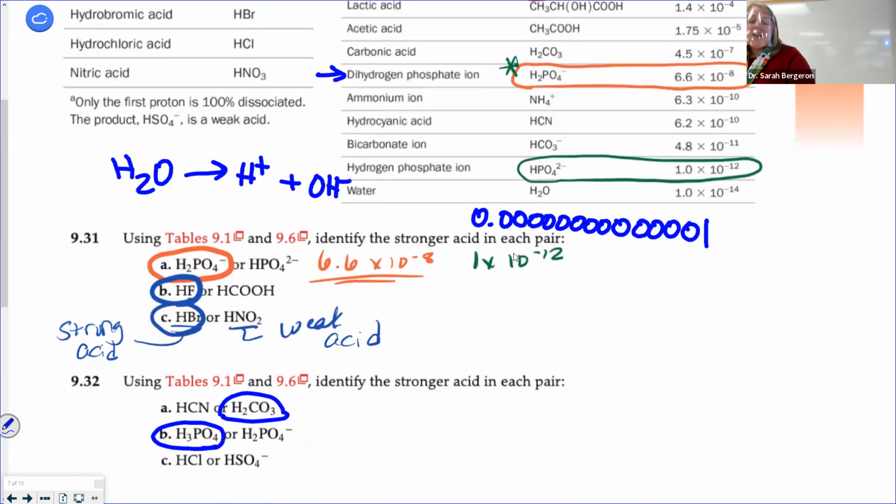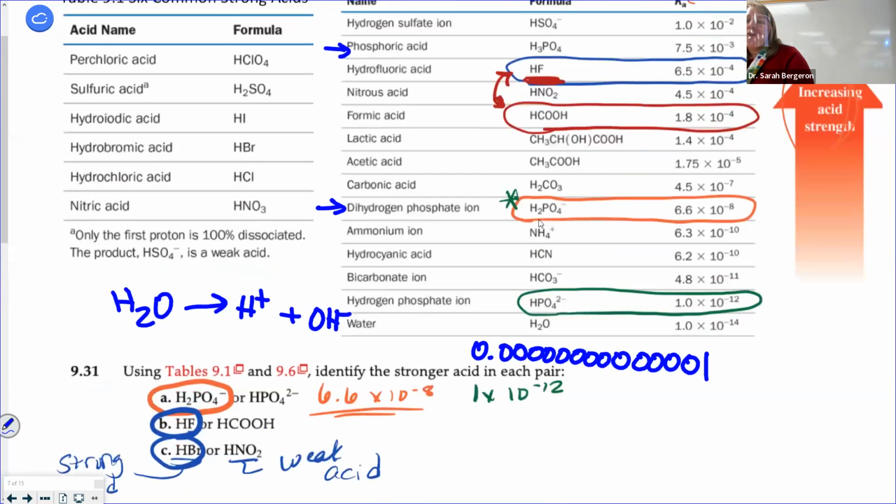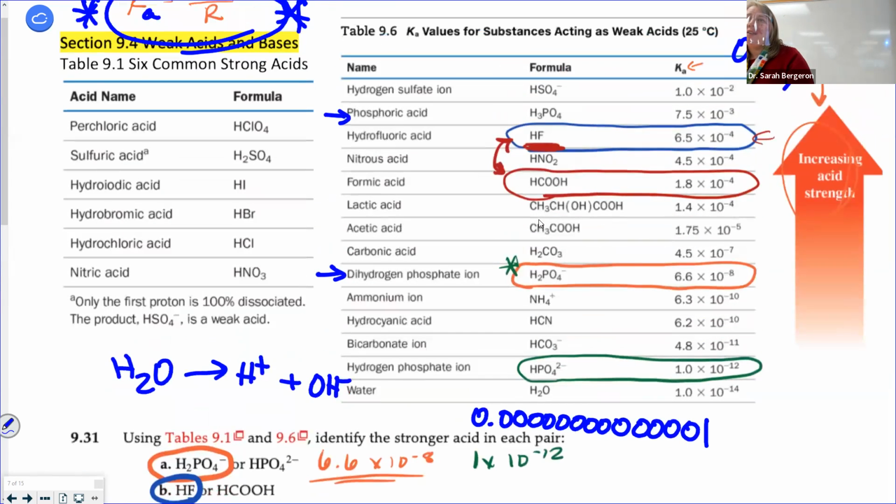Okay. HCl or HSO4 minus. Where's HCl? I don't see it on my table. Where's HCl? HCl is way over here in my common strong acids. And what am I comparing it to?